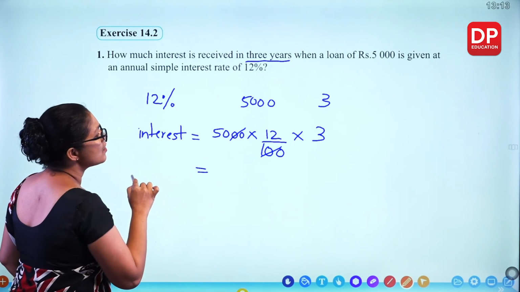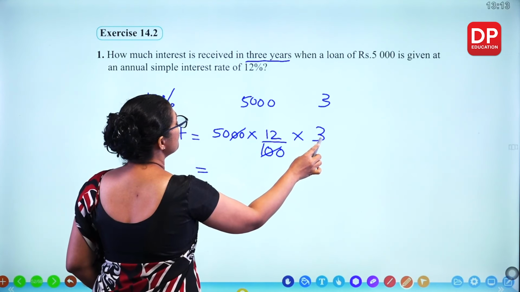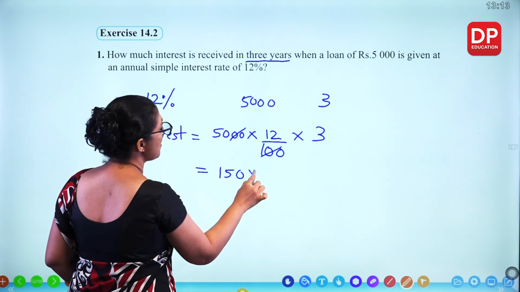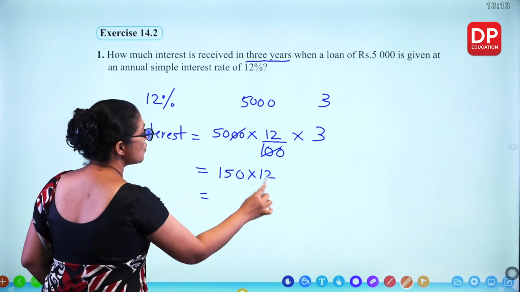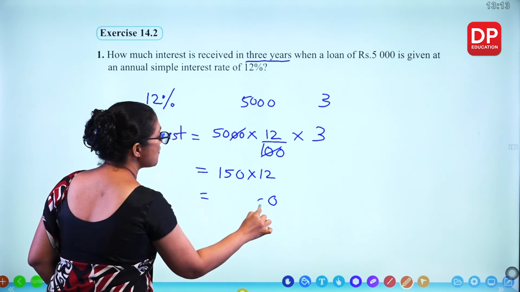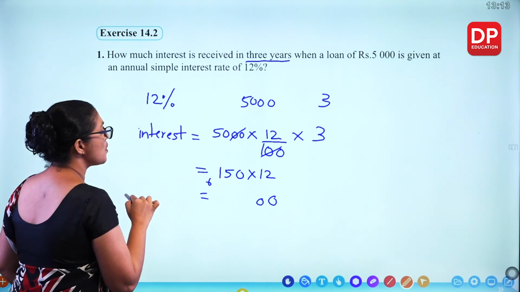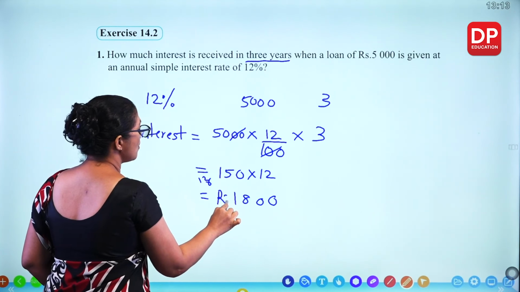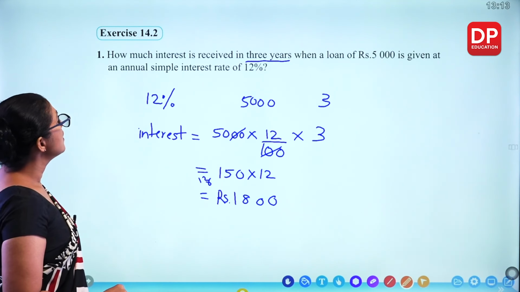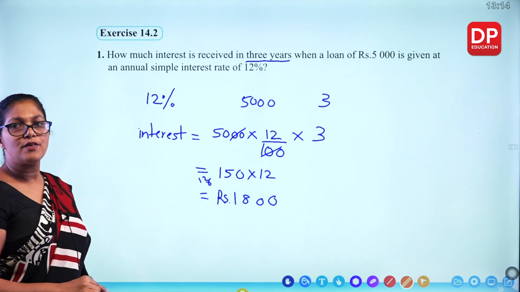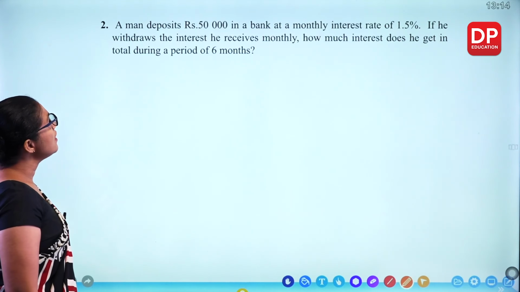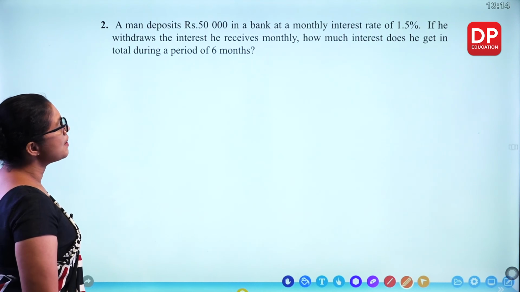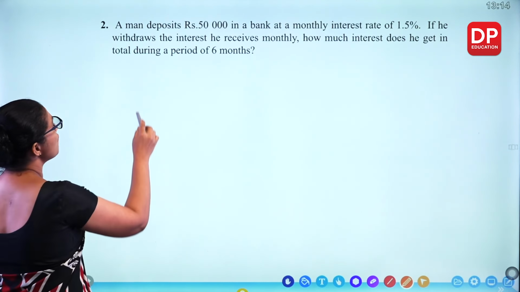Zeros get cancelled out. 3 times 5, 15. So 150 multiplied by 12. 12 times 0, 0. 12 times 5, 60. 12 times 1, 12 plus 6, you get 18. So what's the interest amount? 1,800 rupees.